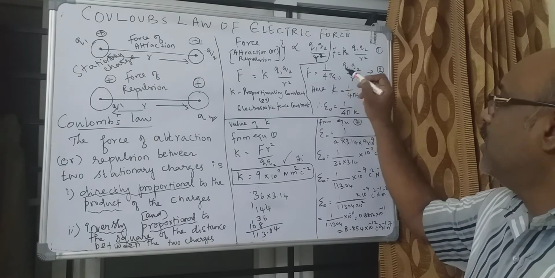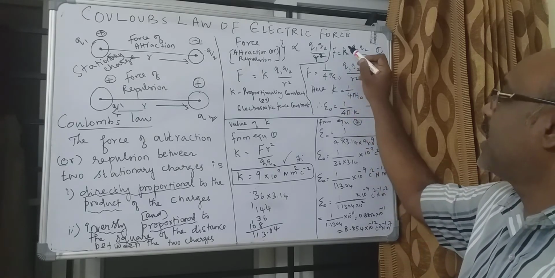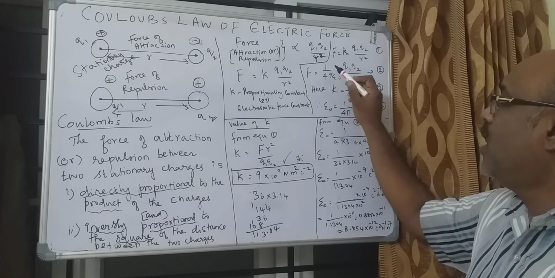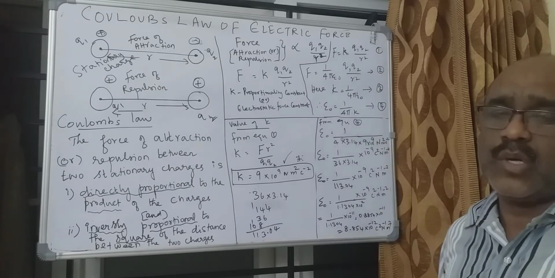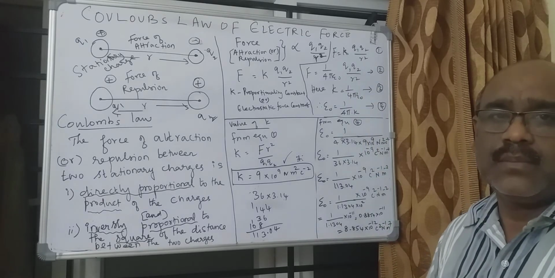And from these two equations, it is known that the proportionality constant K is equal to 1 divided by 4 pi epsilon naught, which we can keep as the third equation.